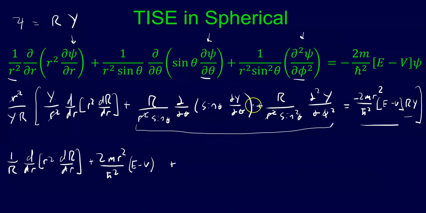These R's will cancel, and I'll be left with 1 over Y out front of those. And so when I go through and write this out, it'll look something like this. This is definitely the kind of thing that I advise you to go through at least once in your life, just to make sure everything makes sense.